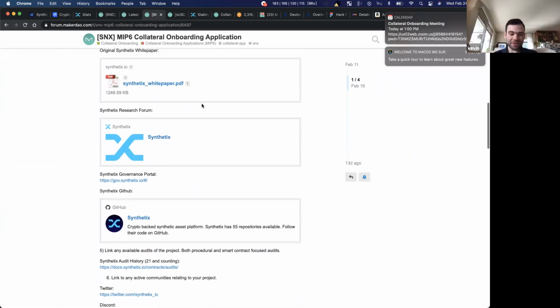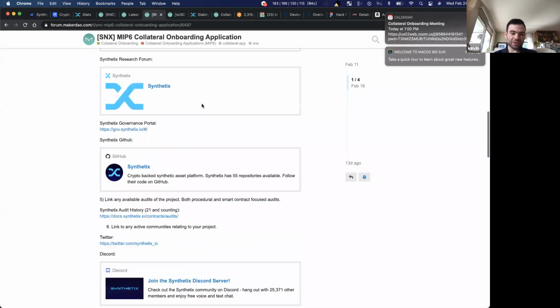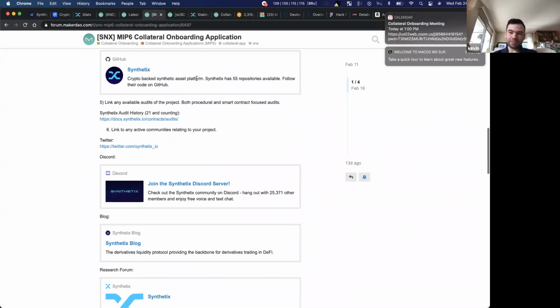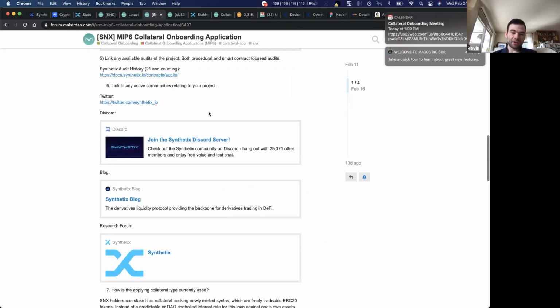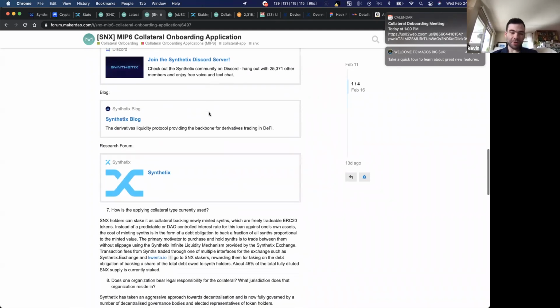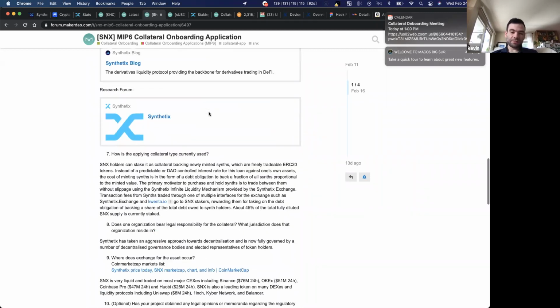That's about what it is. I propose onboarding both the Synthetix token itself, as well as sUSD. There are different considerations for each of them. For Synthetix, the strength is that it's very liquid, with a very large market cap, supported on many exchanges.